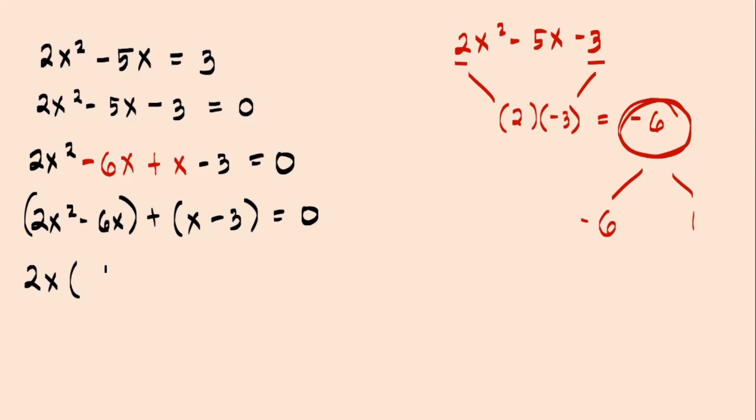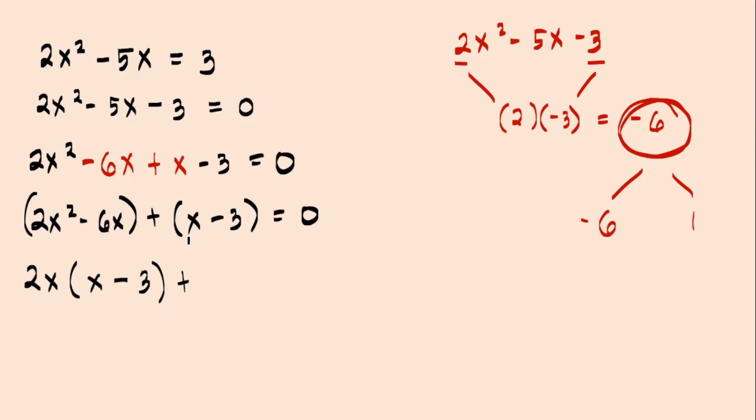So now, ano na lang matitira? So 2x squared divided by 2x, ang matitira na lang dito ay x. Okay, then next, minus 6x divided by 2x, ang matitira na lang ay 3. Okay, so next, plus. Ano yung common factor sa kanila? Ano yung factor ni x?